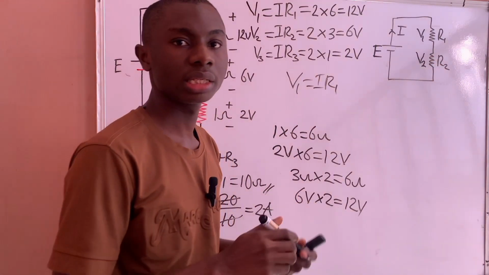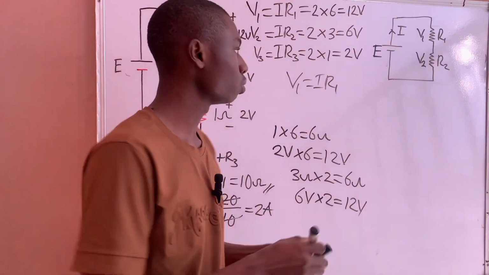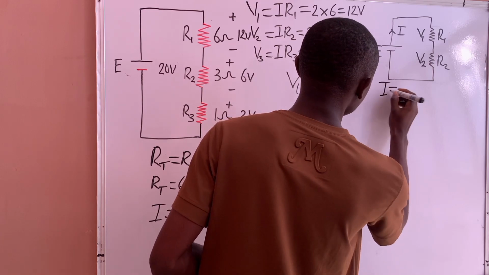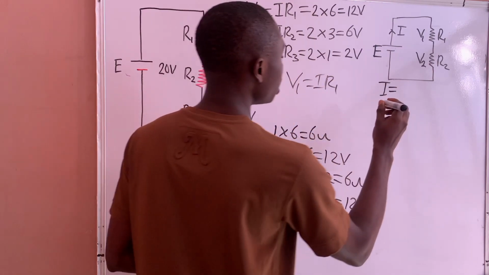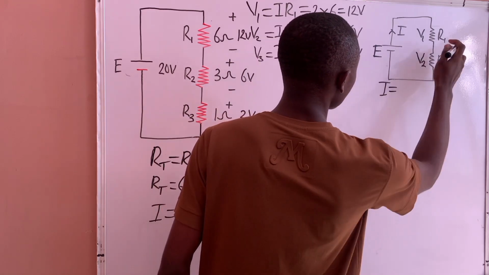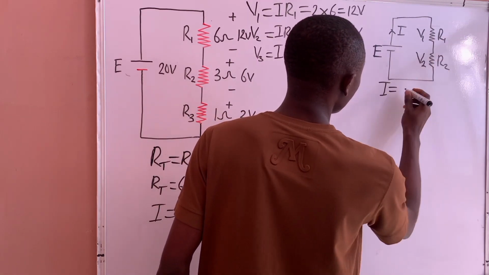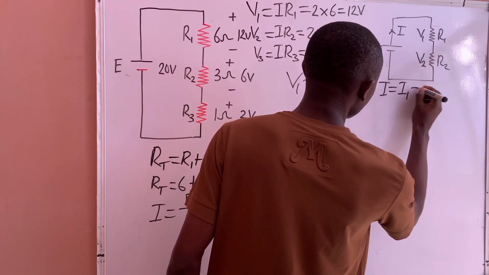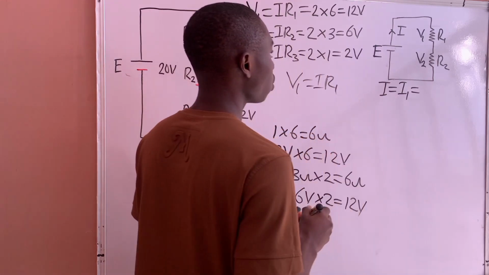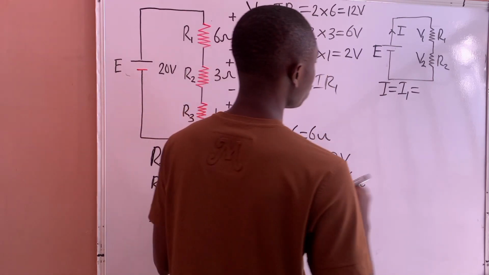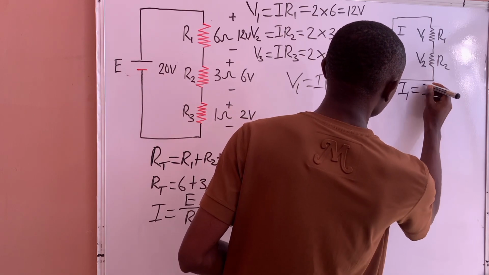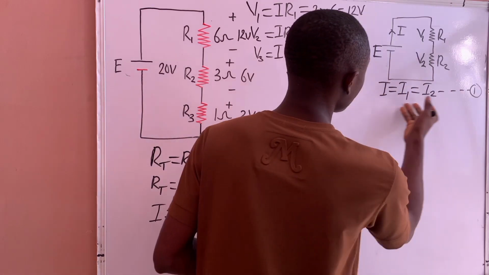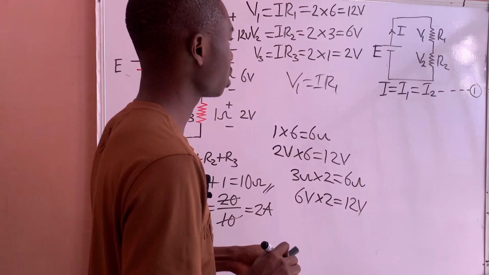Since current is the same in a series circuit, the supply current I equals I1, the current through R1, which equals I2, the current through R2. We call this equation 1.